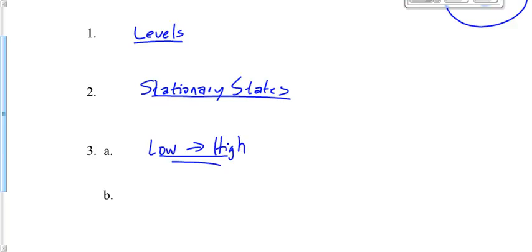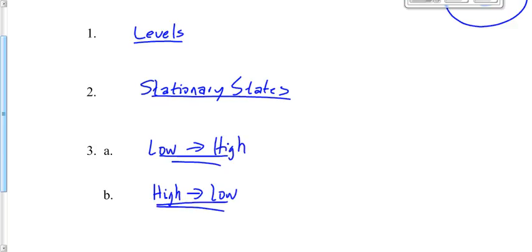What kind of energy do they usually absorb? Usually it's a photon, right? Usually it's light, although it could be some other source of energy as well. Usually it's light energy, EMR, that the electron absorbs to cause it to jump from a low level to a high level. But it can also fall to a lower level from a high level.